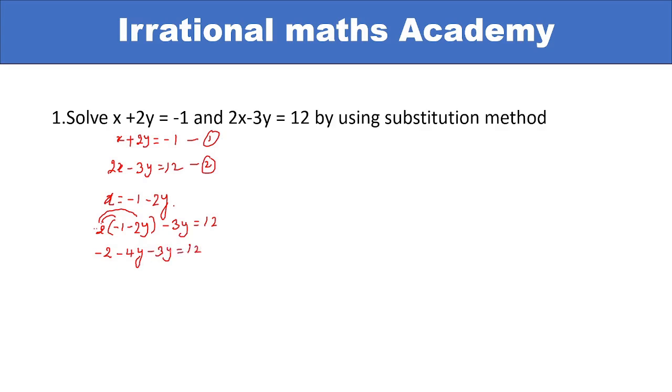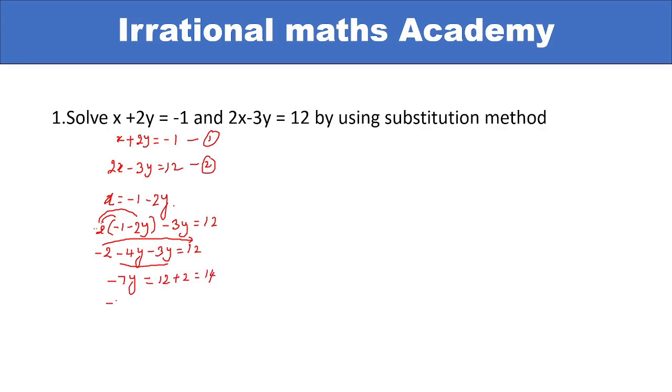I'll write variables on the left hand side and numericals on the right hand side. Minus 4y and minus 3y will become minus 7y. If I transpose this minus 2 to this side, it becomes plus 2, so 12 plus 2 becomes 14.